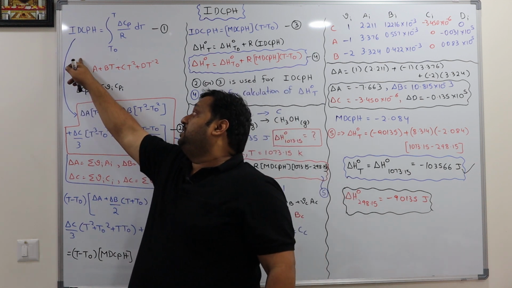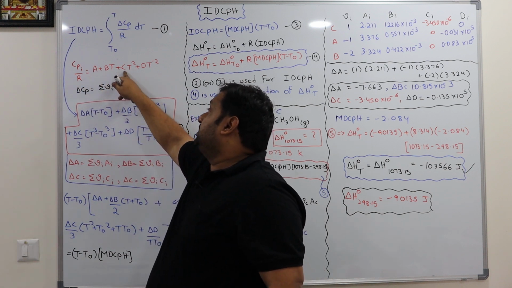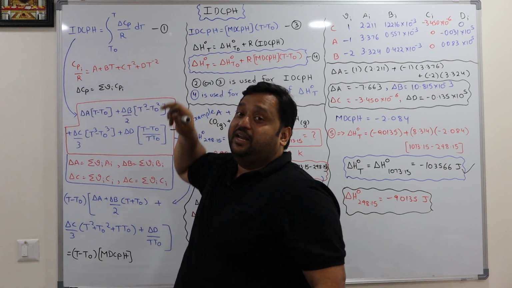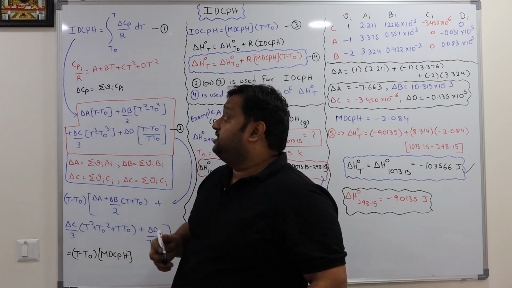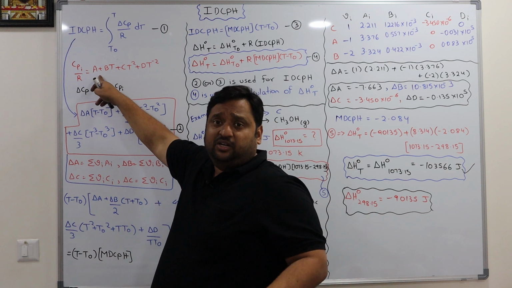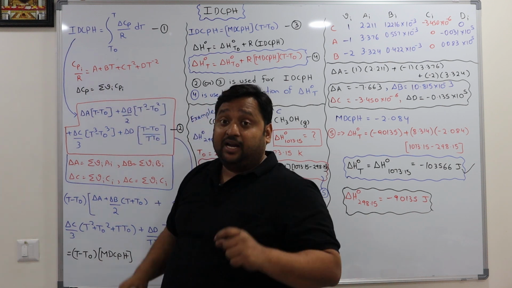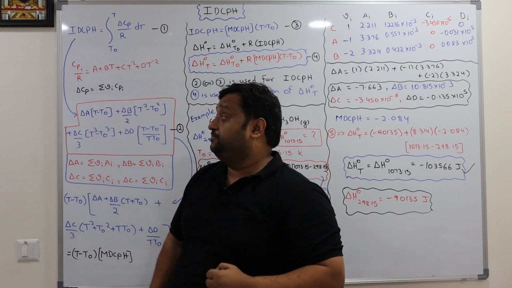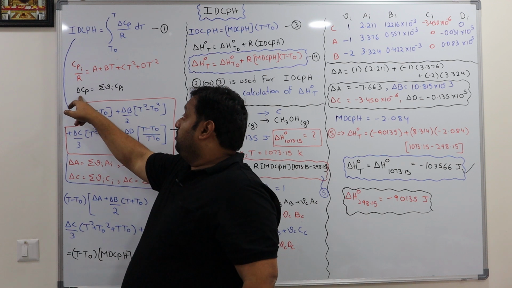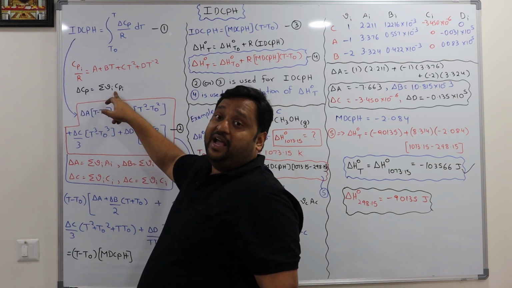And you know the Cpi of any component by R is A plus BT plus CT square plus D T power minus 2. So every component involved in the reaction comes with some constants. This A, B, C, D are the constants for that particular reactant or product. That means del Cp is nothing but the sigma of Vi Cpi.